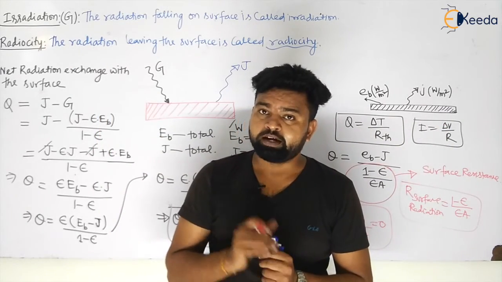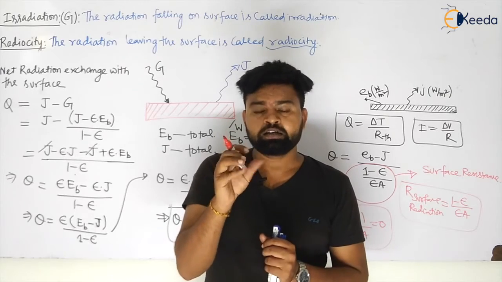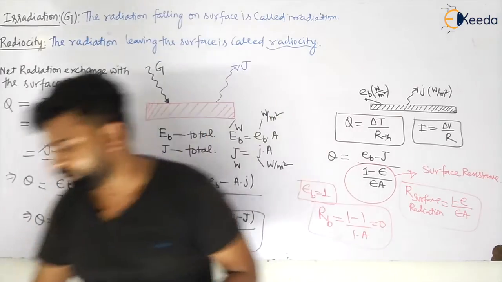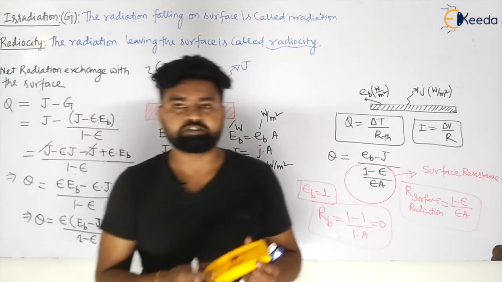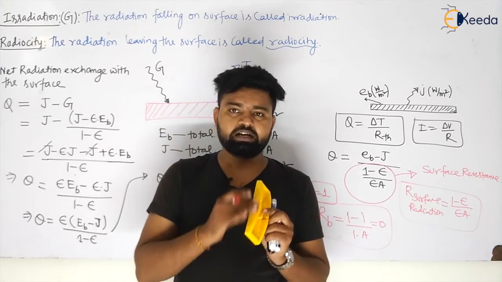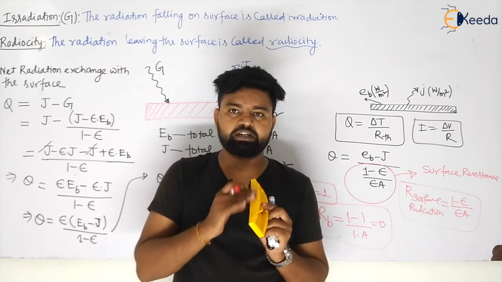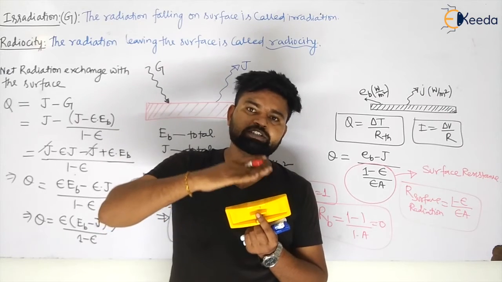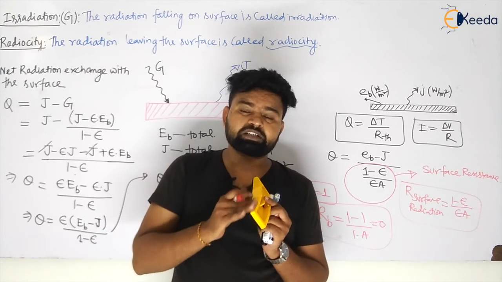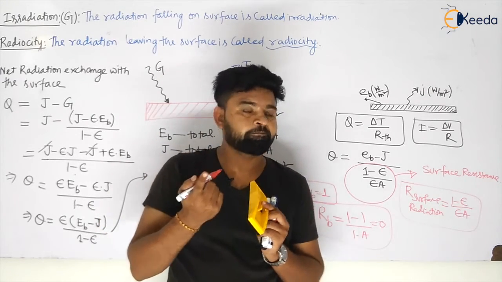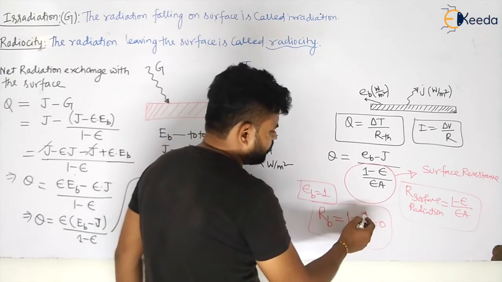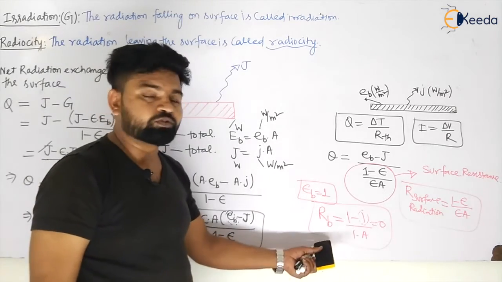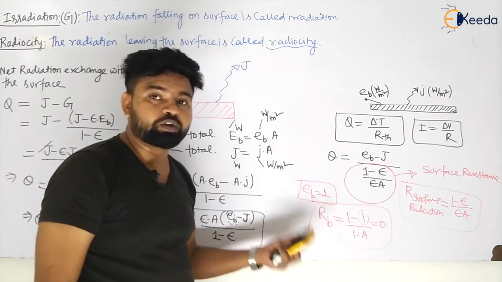And as the emissivity is increasing, the surface resistance of the body is increasing, my dear students. Let us say this is your surface, and its emissivity varies from 0 to 1. If it is increasing, then the resistance is increasing. But if the emissivity becomes equal to 1, my dear students, then the resistance is equal to 0.